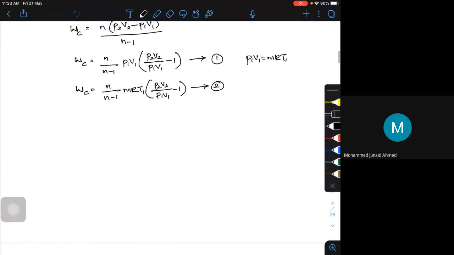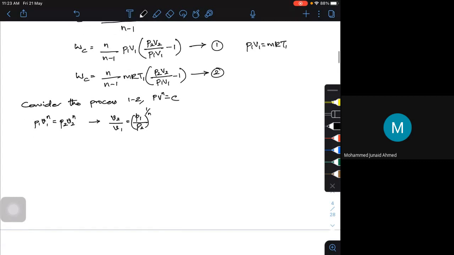Consider the process 1 to 2 as polytropic, that is, PV to the power of n is equal to constant. So I can write P1 V1 to the power of n is equal to P2 V2 to the power of n, or V2 by V1 is equal to P1 by P2 whole to the power of 1 by n.